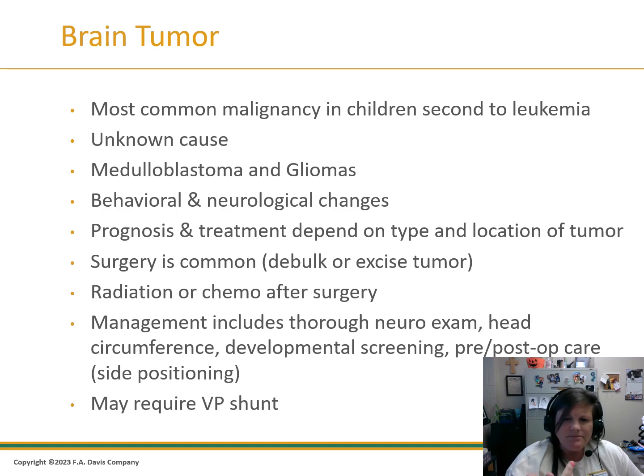You can see more of this information within the chapter itself. So talking about the fact that this is a very common form, second in ranking to leukemia for pediatrics. The cause of it is unknown. The most common forms are the medulloblastoma and the gliomas.